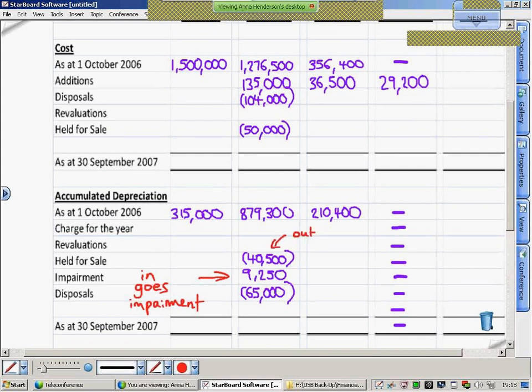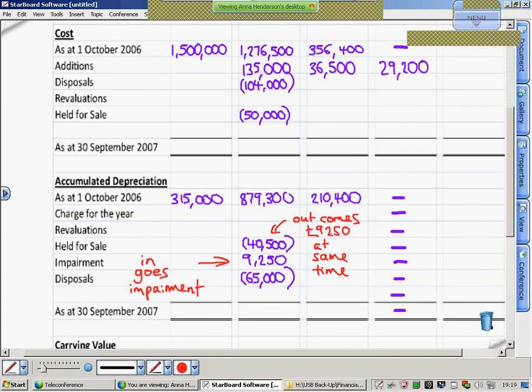It comes out again. And essentially, these should be presented. So you will naturally, in the exam, be putting it in and taking it out as part of removing all associated depreciation on the held for sale asset as you are reclassifying it to current assets.